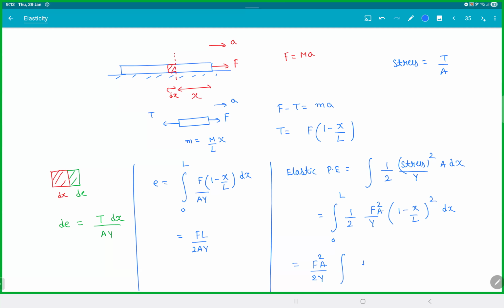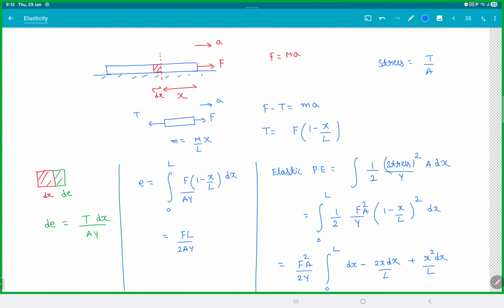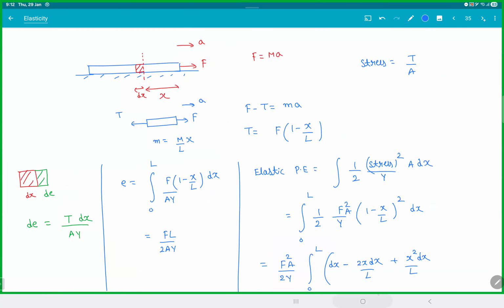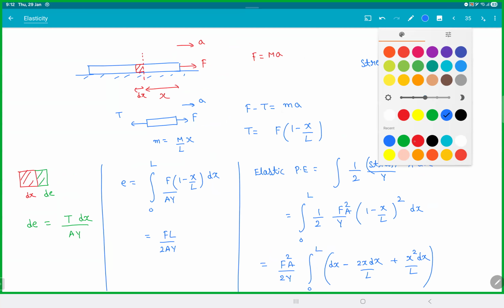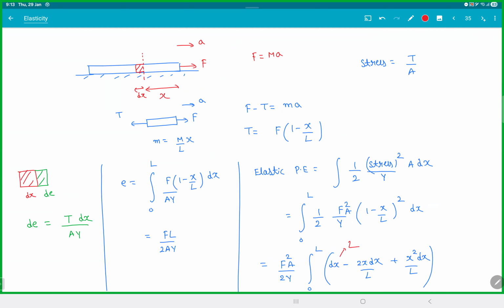When you expand that, you'll get dx minus 2x dx by L plus x square dx by L squared. It's a kind of integral we can integrate. How much will that be? This will come out to be L. That will be L square by 2. L L will cancel. 2 will cancel. That would be L cube by 3. That is L square.